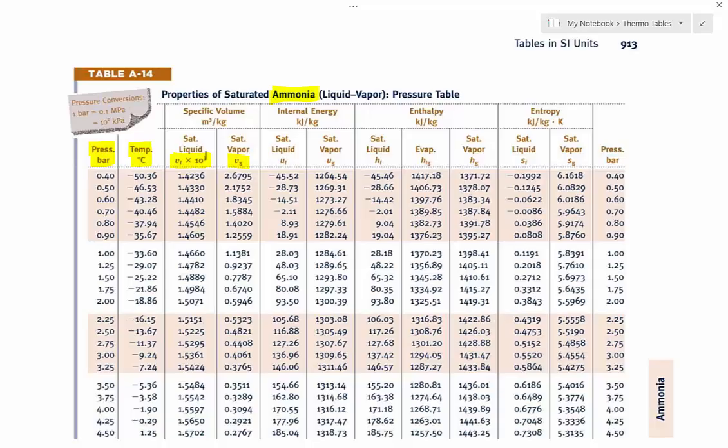So for example, the first number in column number 3 is 1.4236. This is not the true value. This is the value that has been magnified by 1000 times from the true value. So what is the true value? The true value should be 1.4236 divided by 1000. You have to go back by dividing by 1000. Okay, all right, so back to this example.